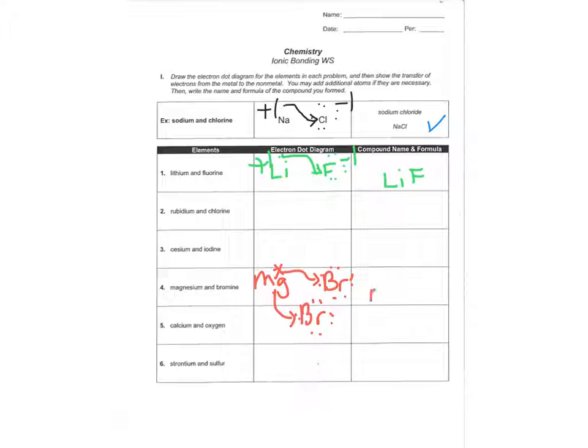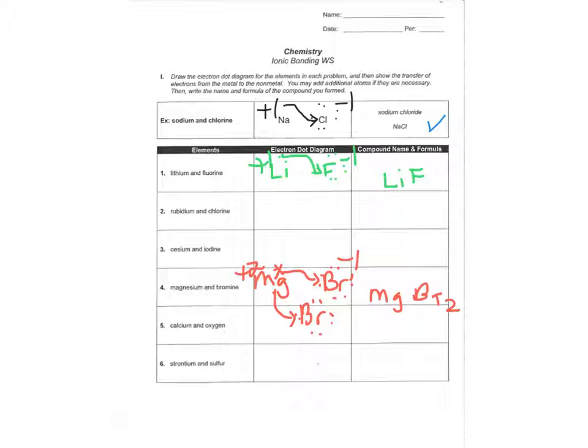So the formula for magnesium, since it's in the 2nd tall column, is magnesium is a +2 charge. Bromine is in the 7th tall column, it has a -1 charge. So when you cross over, the subscript is going to be MgBr2 to give you magnesium bromide as the name.